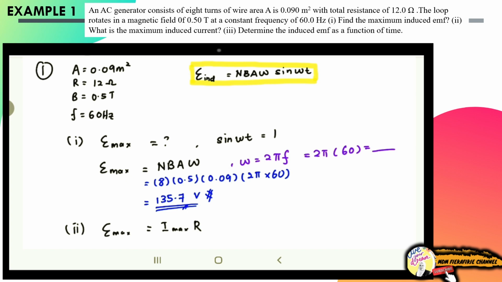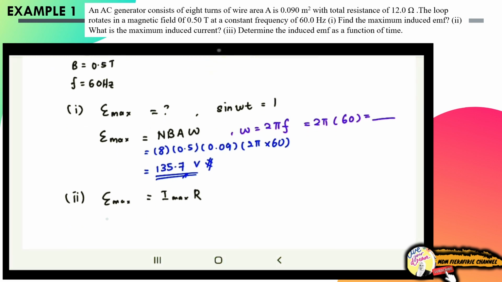The total resistance is given as 12 ohm. Therefore, we can substitute in order to calculate the maximum induced current, where I is equal to EMF, 135.7, over R, 12 ohm. Therefore, the answer is equal to 11.3 ampere.